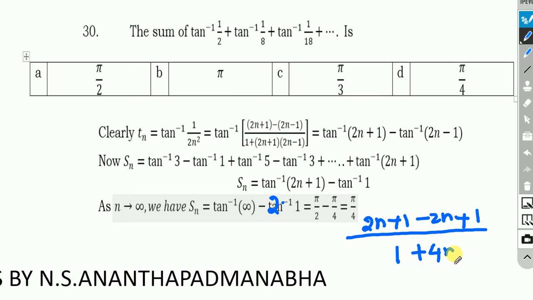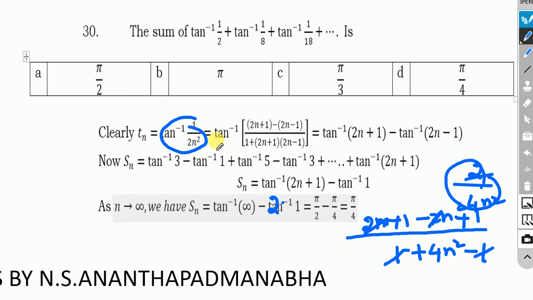Here the 1 will be cancelled and 2n will also be cancelled. So in the numerator I have 2, in the denominator I have 4n square. So 2 1s are 2, 2 2s are 4, so I am left with 1 by 2n square. So tan inverse of 1 by 2n square is nothing but tan inverse of (2n plus 1 minus 2n minus 1) by (1 plus (2n plus 1) into (2n minus 1)).